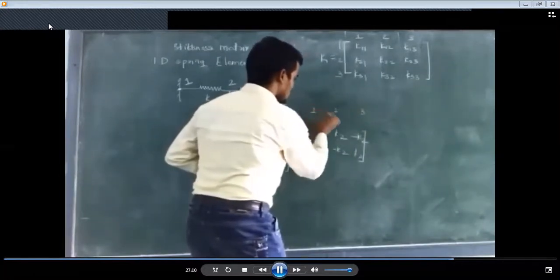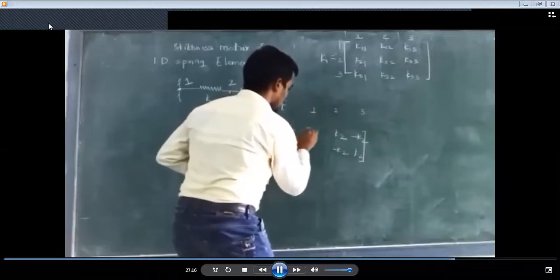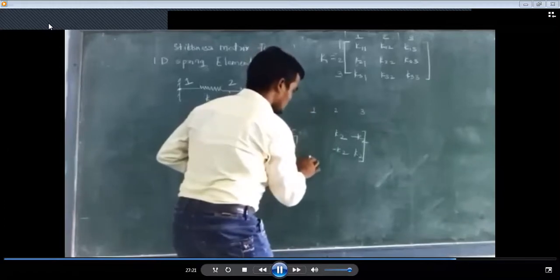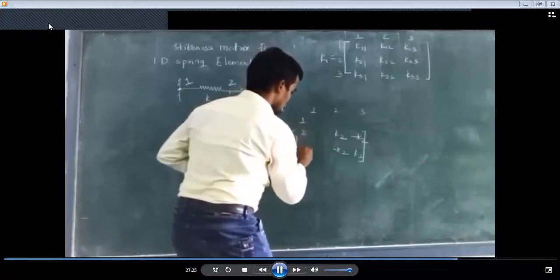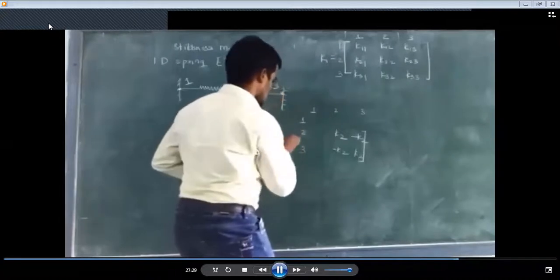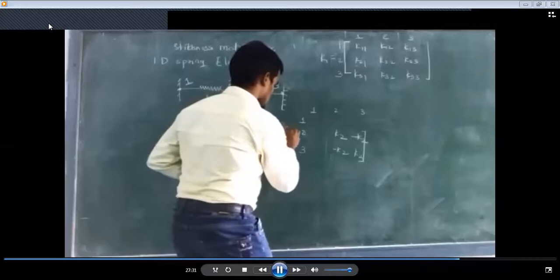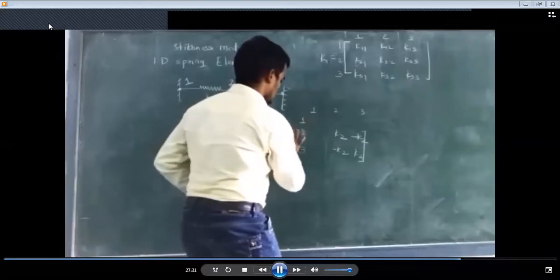In this way you will get the global elemental stiffness matrix E2. We need to add only the first row and first column, and only then will it become like your global order. So see this.